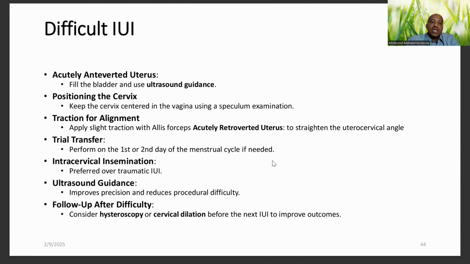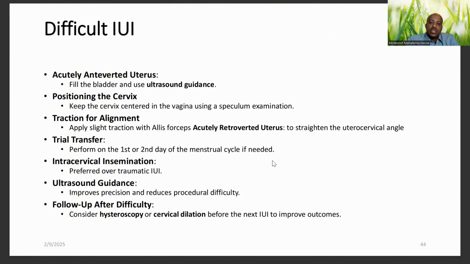Sometimes you may use traction with a tenaculum to straighten the uterocervical angle. In very difficult cases, you can do intracervical insemination. I know it may decrease the success rate, but sometimes it could be the only option you have.